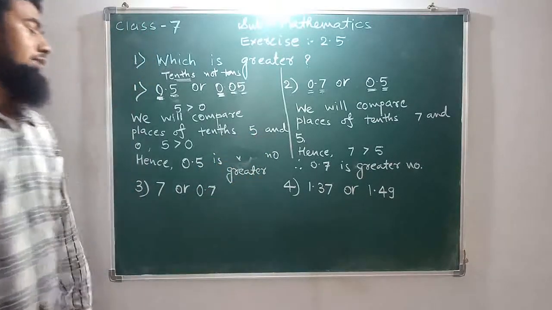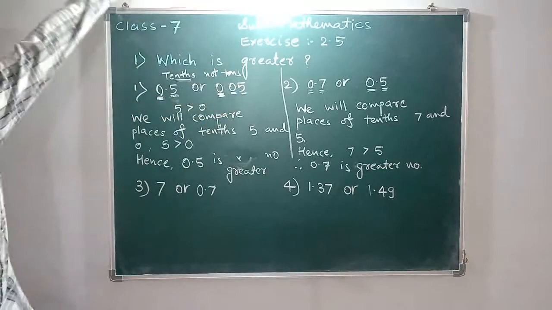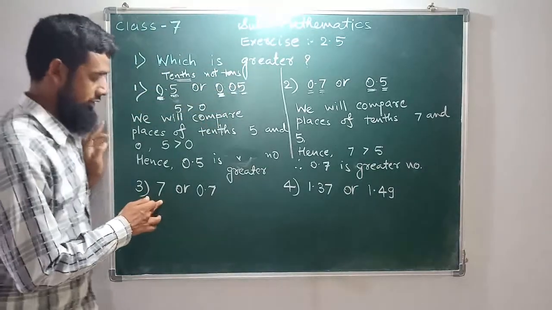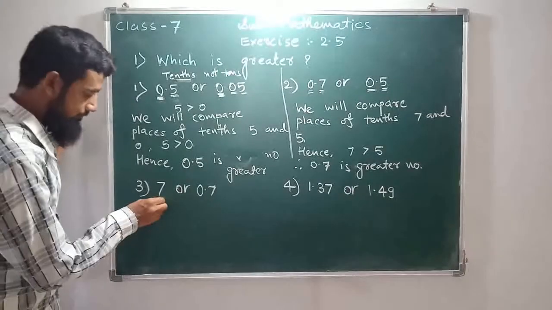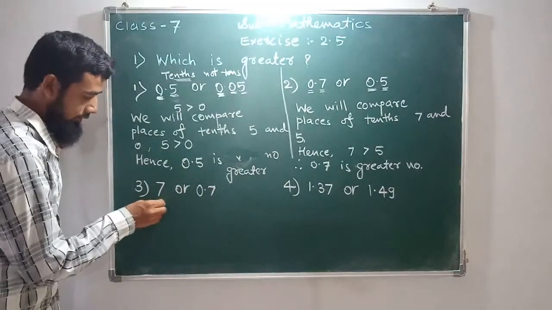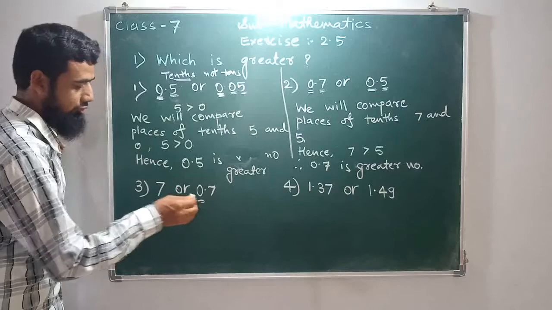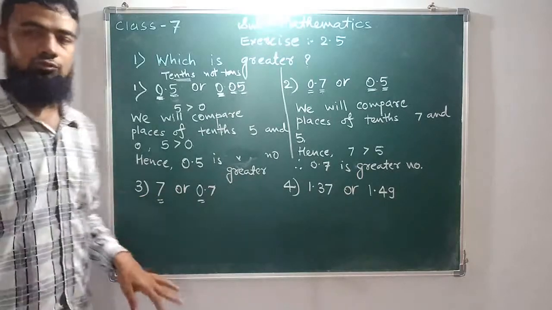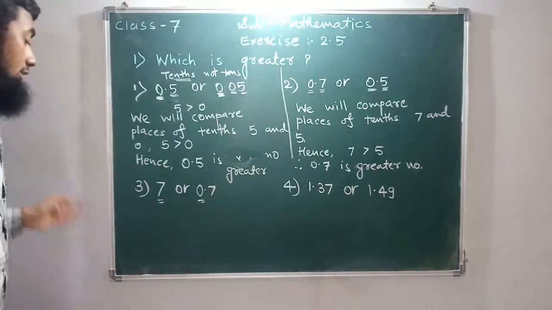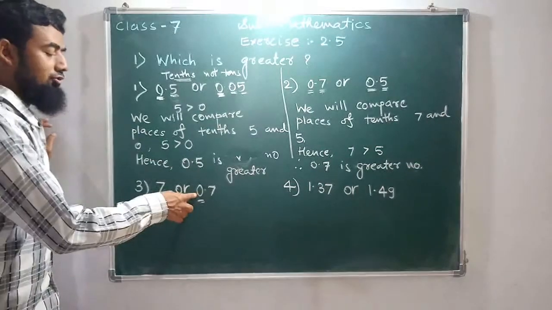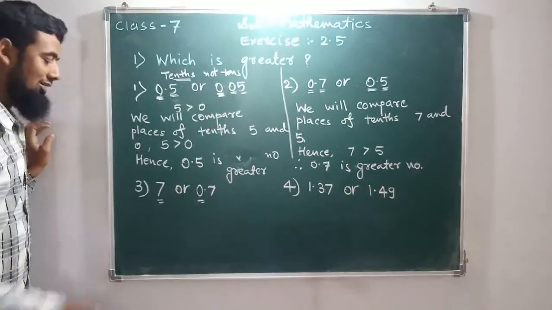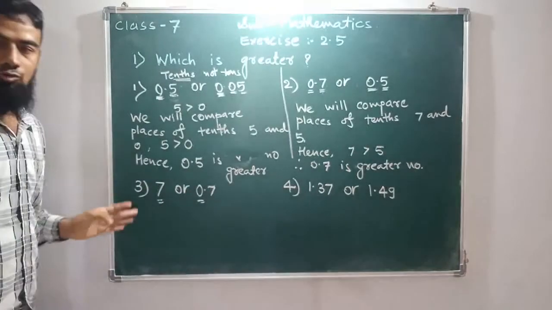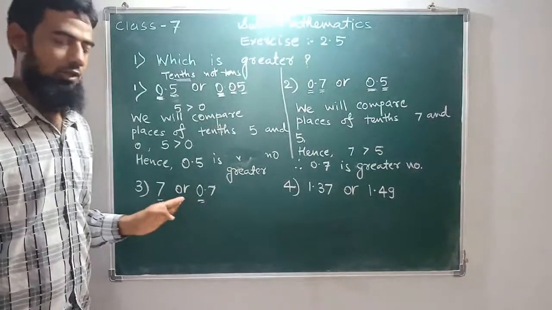Now we will move on to question number 3, 7 or 0.7. Now compare this 7 and this 0. Tell me, place of 7 is ones only, and place of 0 is also ones. If you compare places of ones, 7 is greater than 0. So tell me which number is bigger?